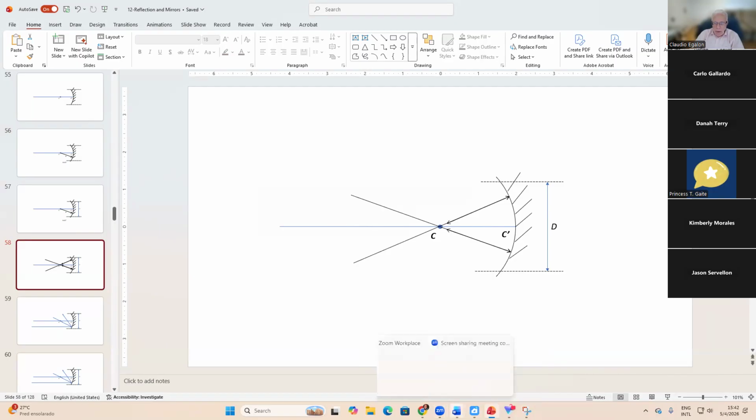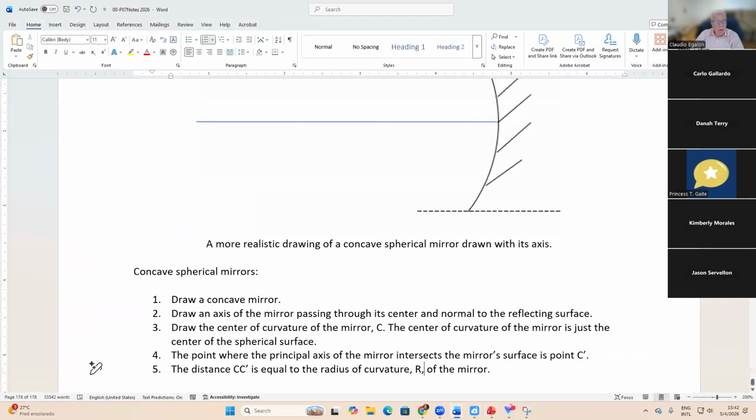We will need the following light rays. There are some important light rays that you have to memorize.